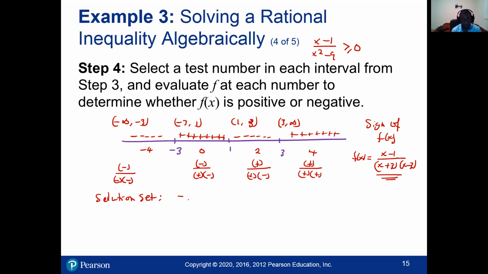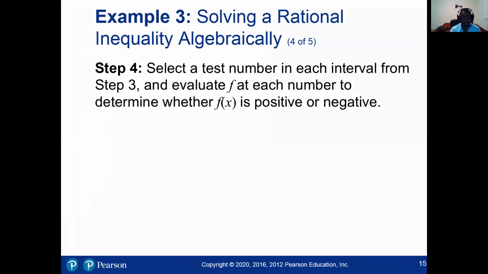Minus 3 to positive 1. Now, positive 1 is not a vertical asymptote, but negative 3 is, even though this is greater than or equal to, union what? 3 to positive infinity.